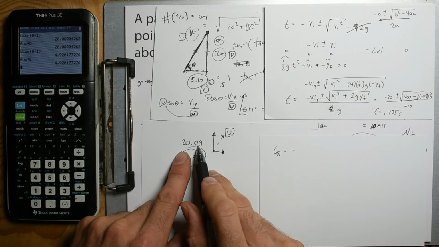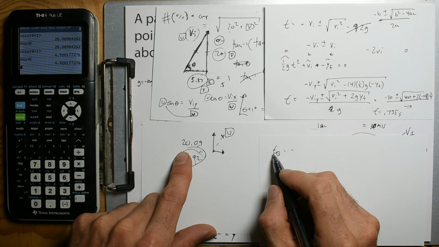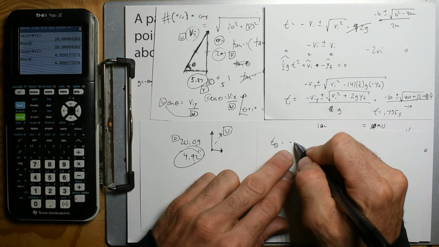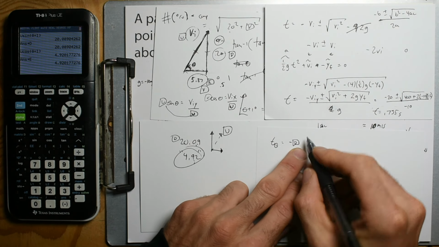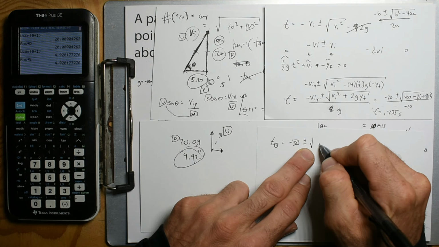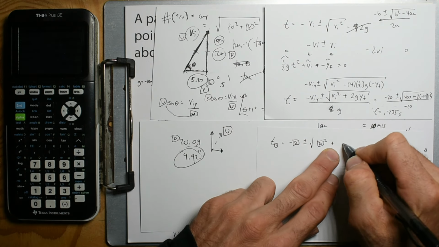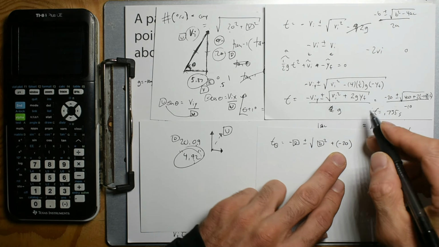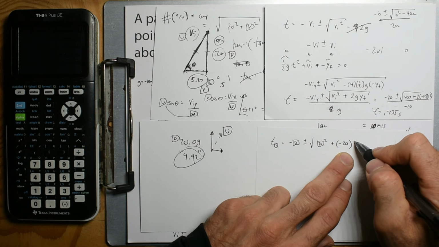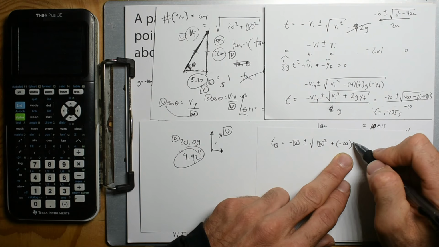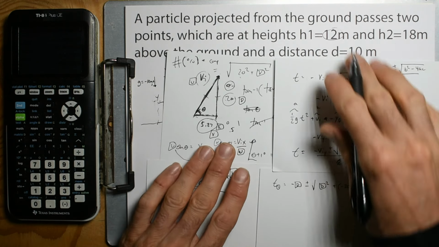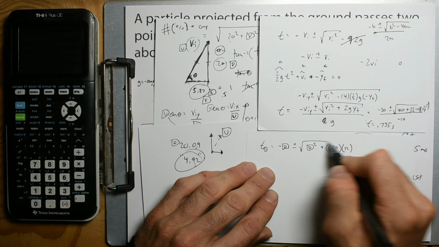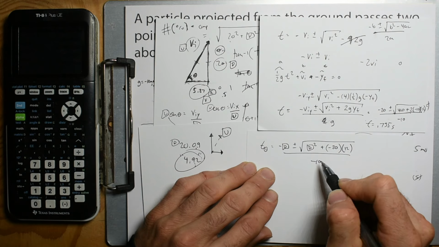I'm saying this is d. So I'm going to say this is negative d in my calculator plus or minus the square root of d squared in my calculator plus negative 20, and then the height. Our first one is 12 meters. And then all divided by negative 10.